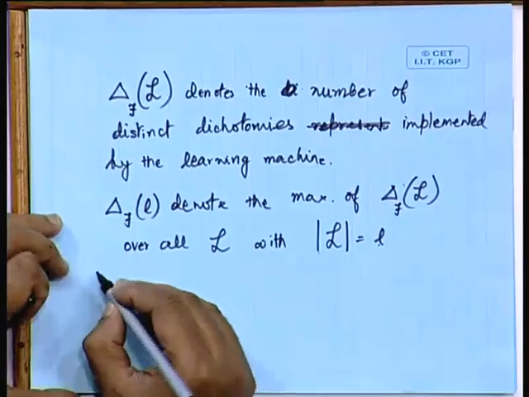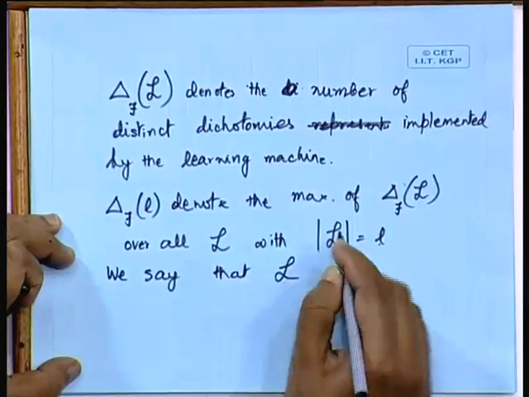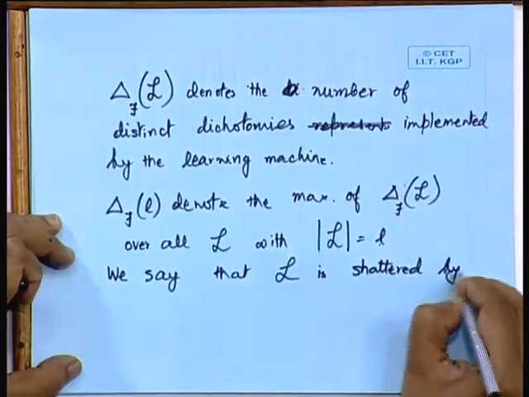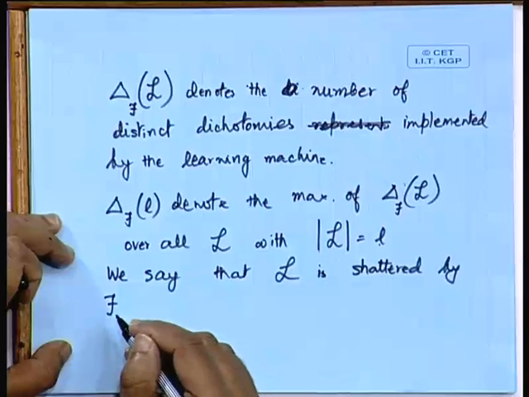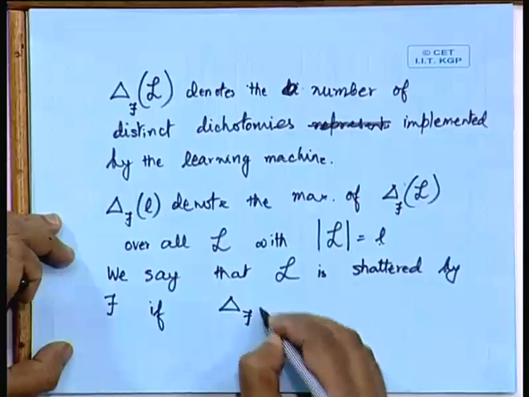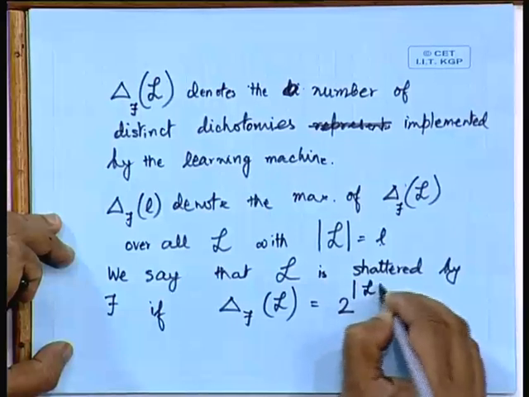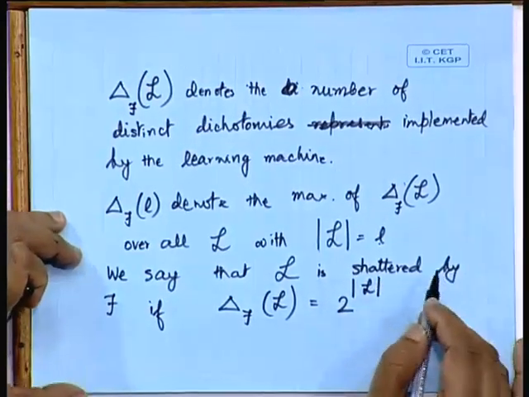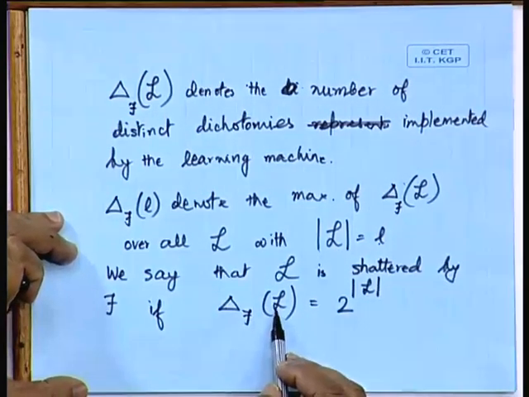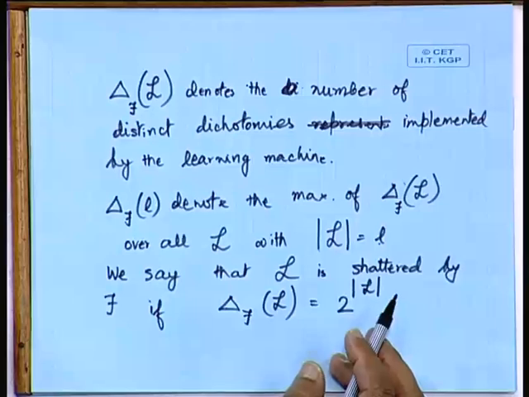And now coming to the definition of shattering, we say that the space L is shattered by the decision rules that are there in F, if this delta F of L is equal to 2 to the power cardinality of L. So, if the number of distinct dichotomies existing in the learning system is equal to 2 to the power L, meaning what?